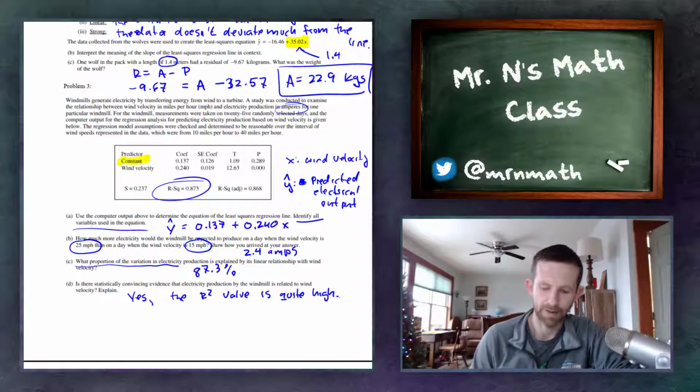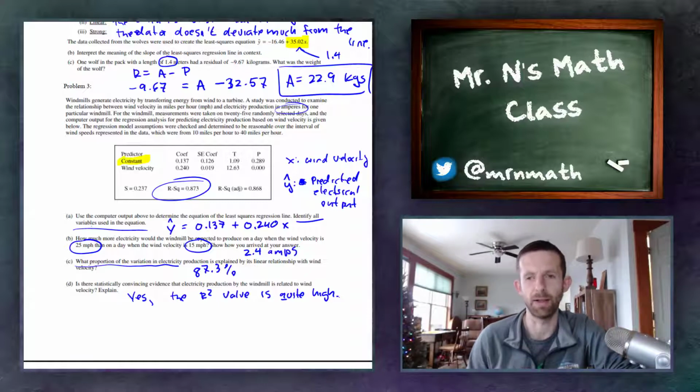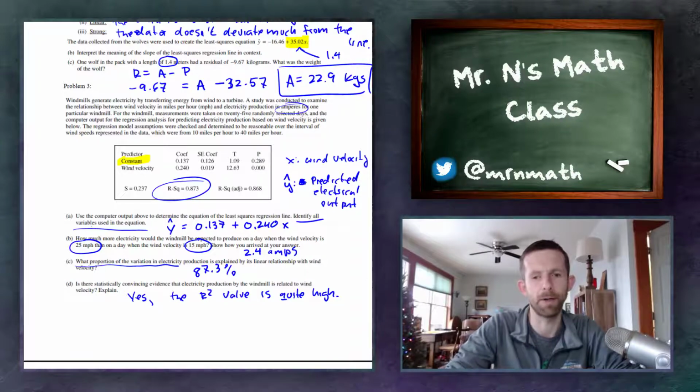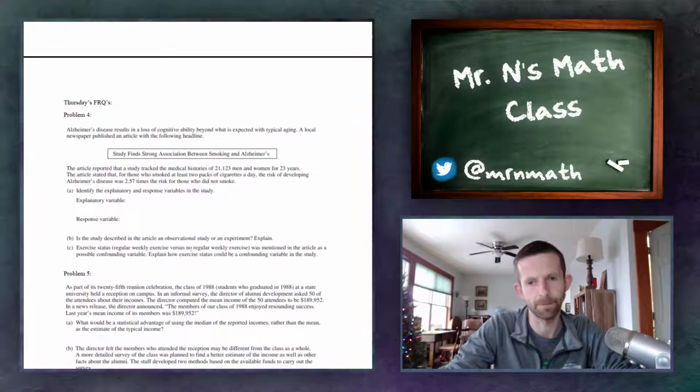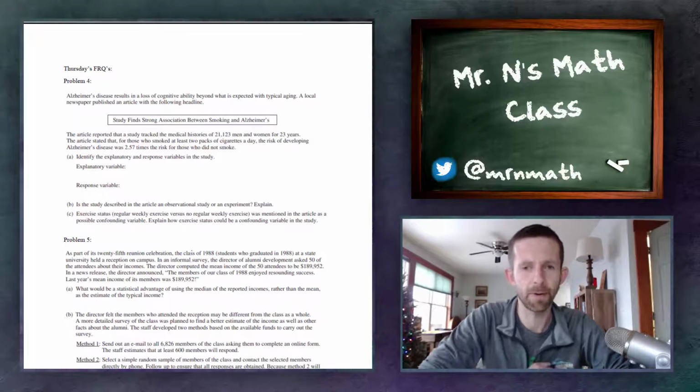So 87.3% of the electrical production can be explained by the variations in wind velocity. So that's a pretty high r squared value. All right, so that is problem 2 and problem 3. Let's go to problem 4.